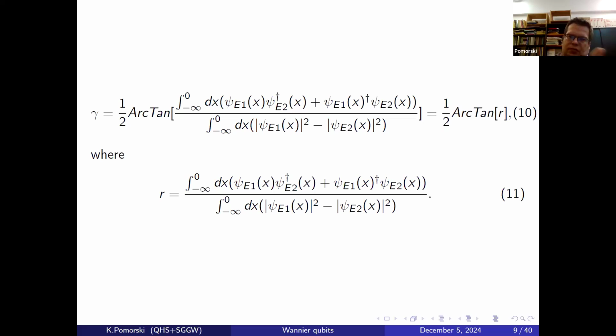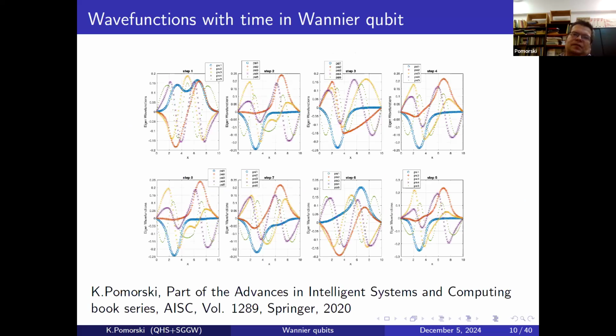Then you can also encode it by the R coefficient. That's equation 11. But pretty much both are quite equivalent. That's the formula that plays a role here. And then of course you can have various types of wave functions in your system, and that's just an example. You have eigenenergy wave functions, and by using their superposition, you can create Wannier functions.